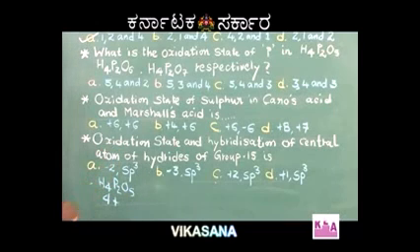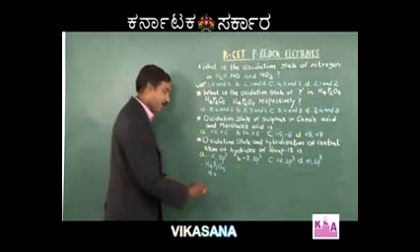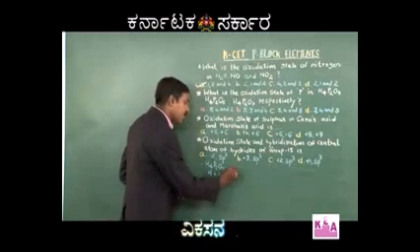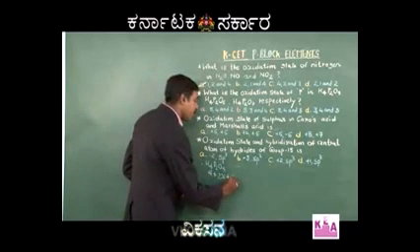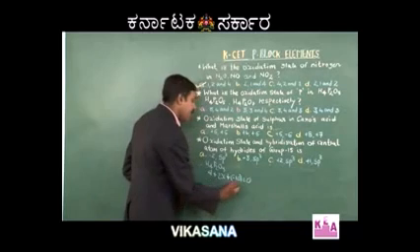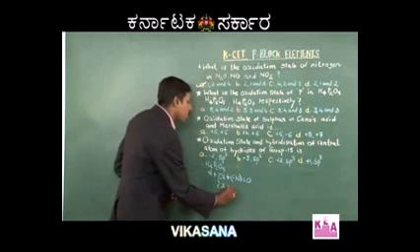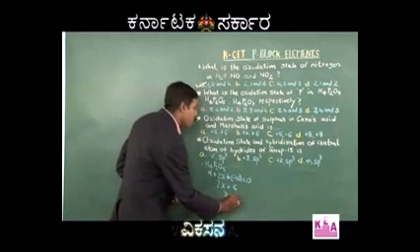I need to calculate the oxidation state of phosphorus, so I write 2x, plus oxygen, which is -2, so 5 into -2 is -10. Therefore, 2x is equal to 6, x is equal to 3.